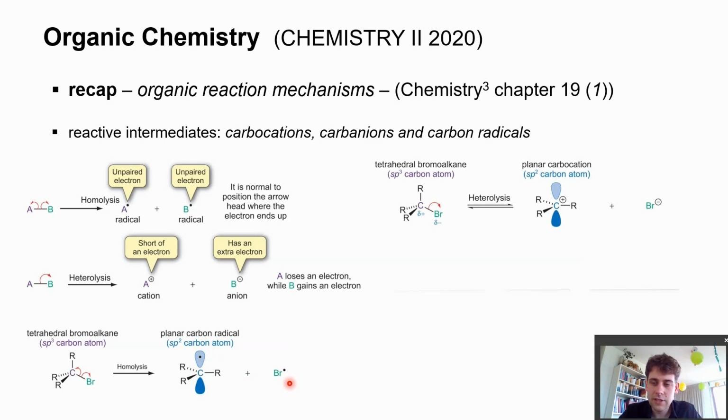If we look into this heterolysis case, we see two different things that can happen. First of all, for the carbocation, we see that the bromine atom now takes the whole electron pair from this sigma bond, we get a bromide anion, and we are left with a carbocation. This is again sp2 hybridized, and there's no electron in this p orbital, and this is of course energetically favored.